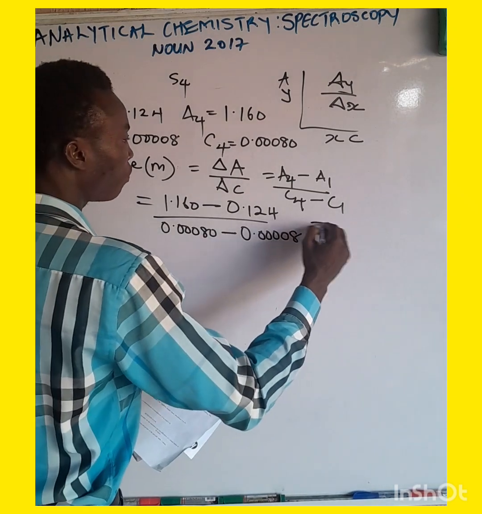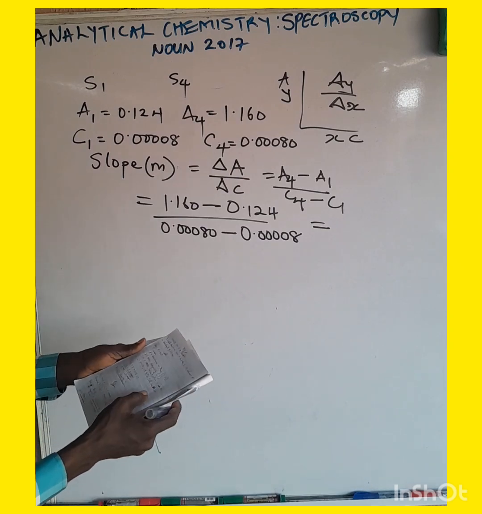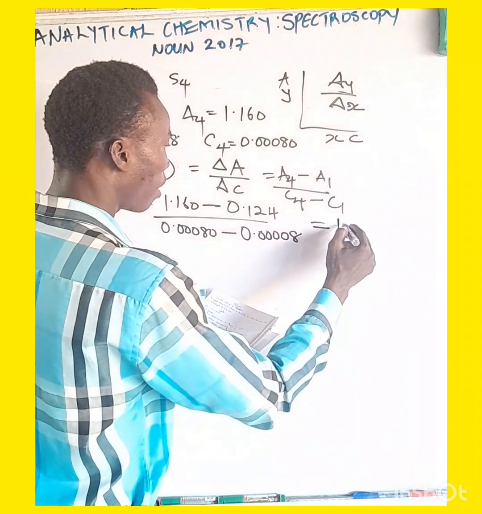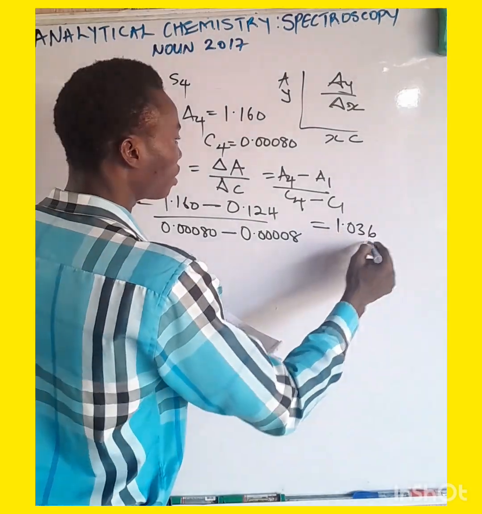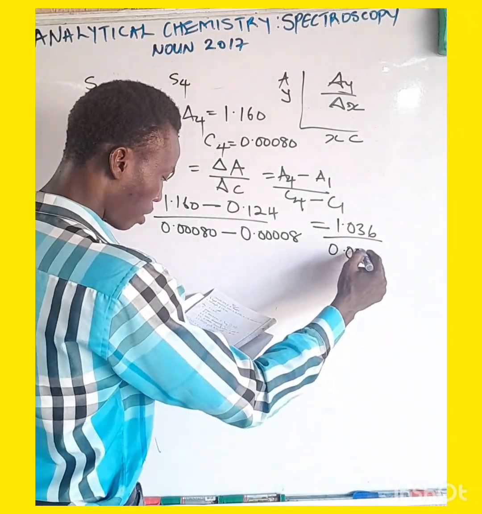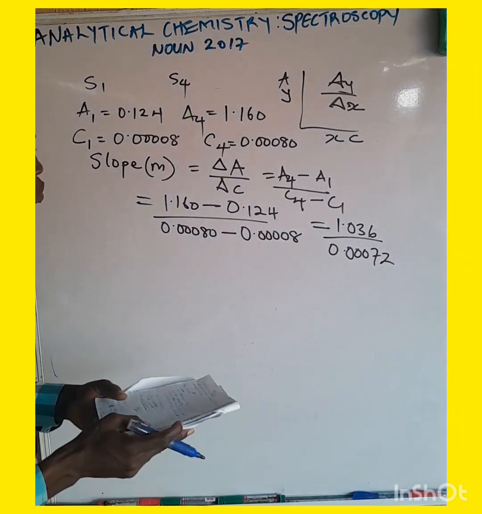If you subtract these values, we are going to obtain the upper value to be 1.036, while the lower value will give you 0.00072. You can check it by hand as well.